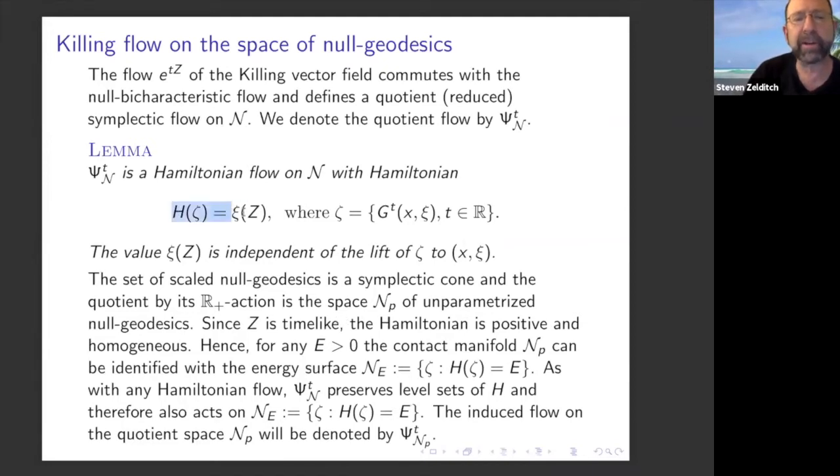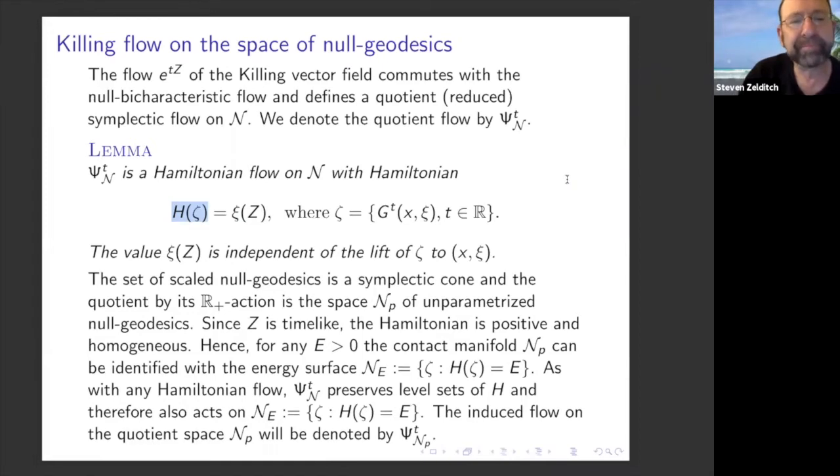So the Hamiltonian for this is standard because it's just a vector field. D by dZ is just like d by dt. So the Hamiltonian at a point zeta, meaning x and xi, is just to apply the covector to the vector field. And that's how you define a Hamiltonian on the cotangent bundle.